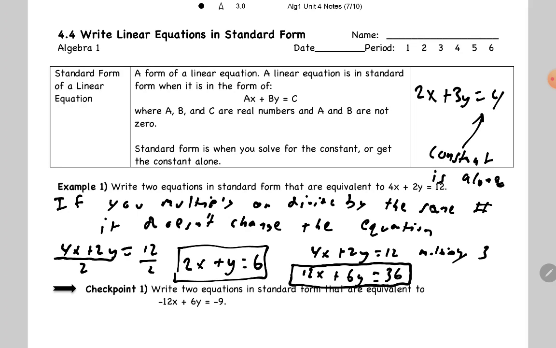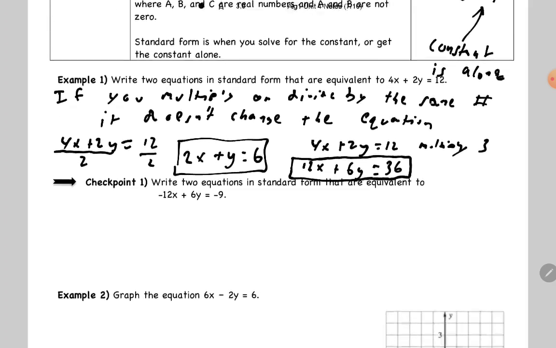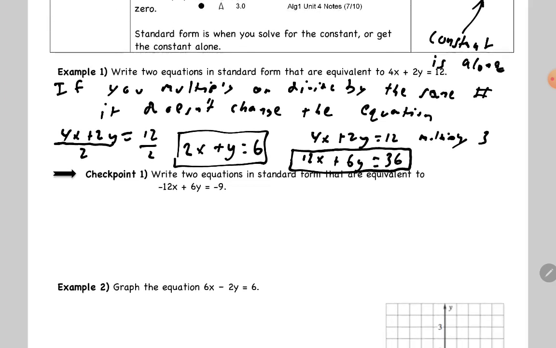Okay, so let's do another example. Write two equations in standard form that are equivalent to that. Let's do divide by 3 and times by 2.